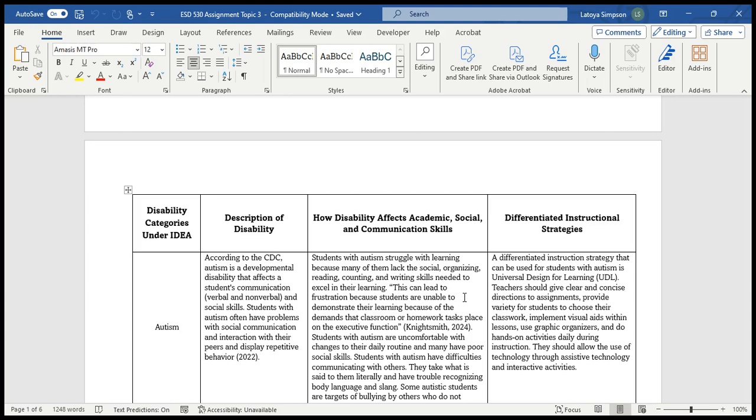With UDL, teachers should give clear and concise directions for assignments, provide a variety of choices for students to do in classwork, implement visual aids within their lessons, allow students to use graphic organizers, include hands-on activities during daily instruction, and they should also be allowed to use technology through assistive technology and interactive activities.